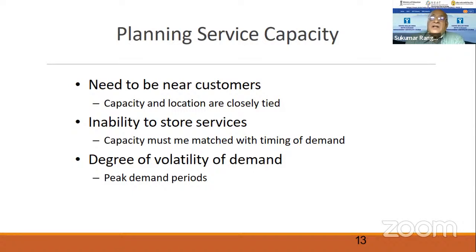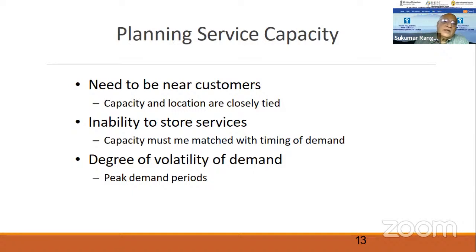All these 100 need service at almost the same time, between 1 and 2, or 1 and 3 at most. If you're not able to provide it, they will go somewhere else. So your capacity should be able to meet the demand, especially the peak demand, or you have to decide how much of the demand you will forego and meet only that much.